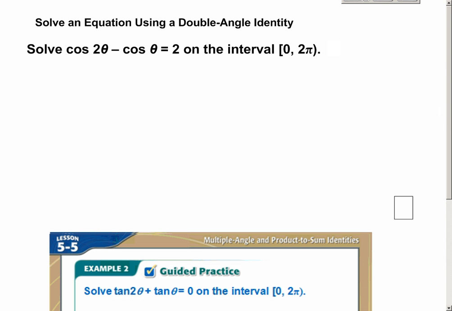Next, we look at solving an equation using these formulas. So we see that we have a cosine 2 theta in the equation here, and we can't work out an equation that has both a cosine 2 theta and a cosine theta. So we're going to take and change that cosine 2 theta, and we have 3 choices for the identity we're going to use there.